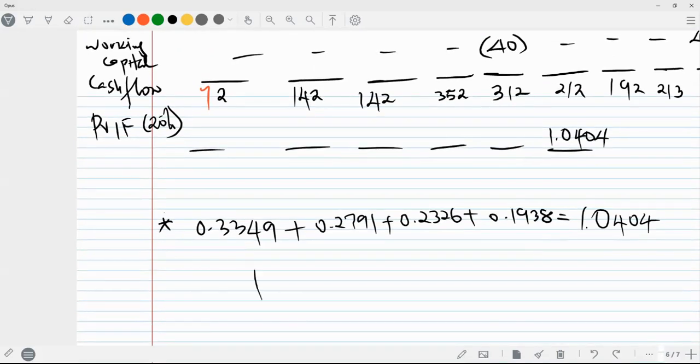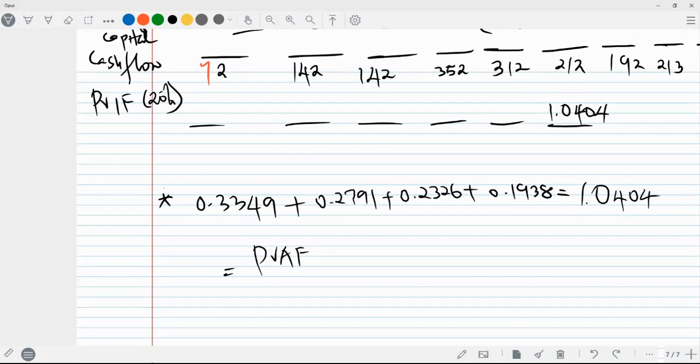Don't forget this is a present value annuity factor, because the cash flow for year 6, year 7, year 8, and year 9 is 212 each. So it's an annuity. This can also be given by the present value annuity factor for year 9 at 20%, minus the present value annuity factor for 5 years at 20%, because year 5 is not part of this.